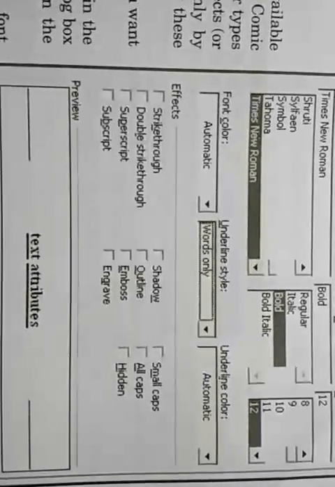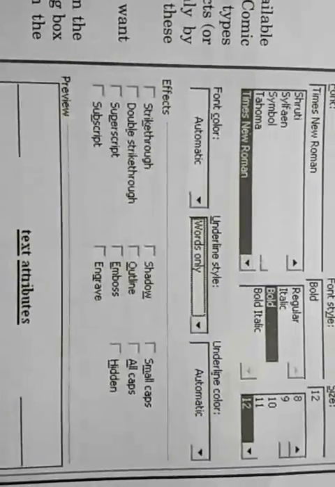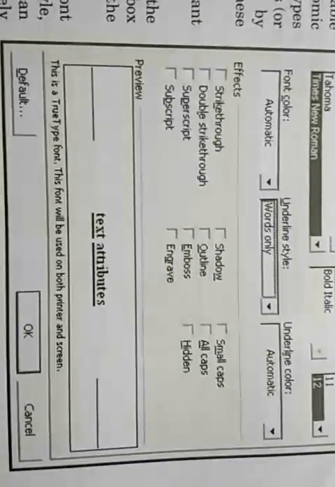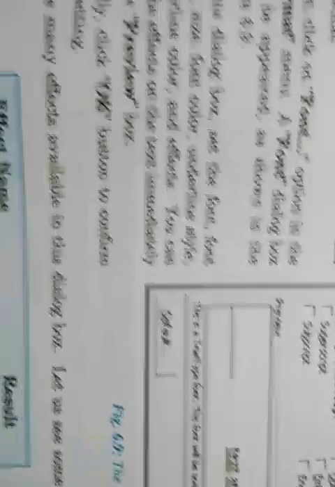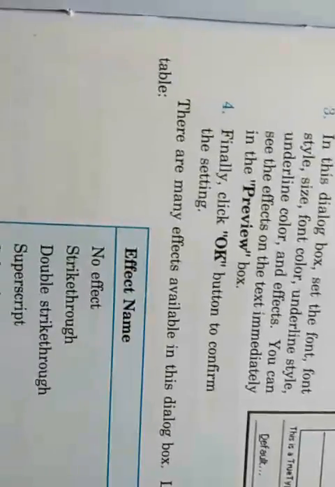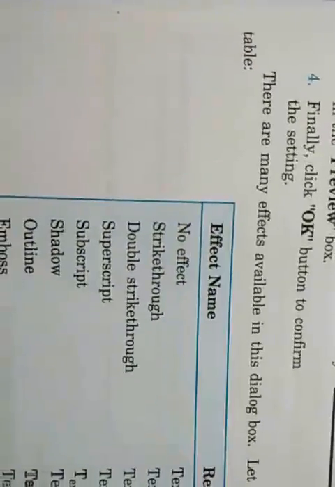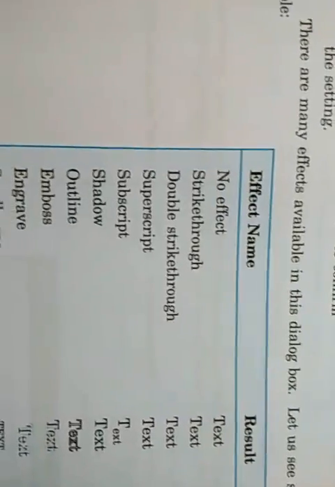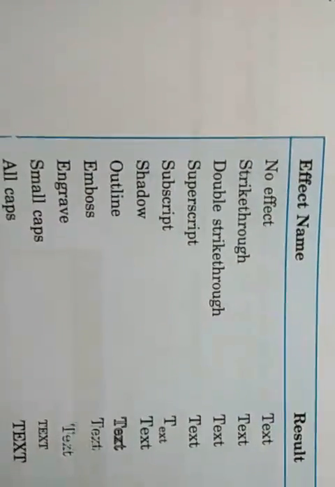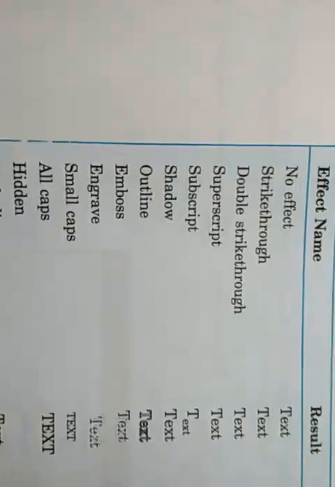When you select any option like bold, italic, underline, or change of the font color, this will display in the preview, and when we have finalized, click on the OK button. These are some effects of font.